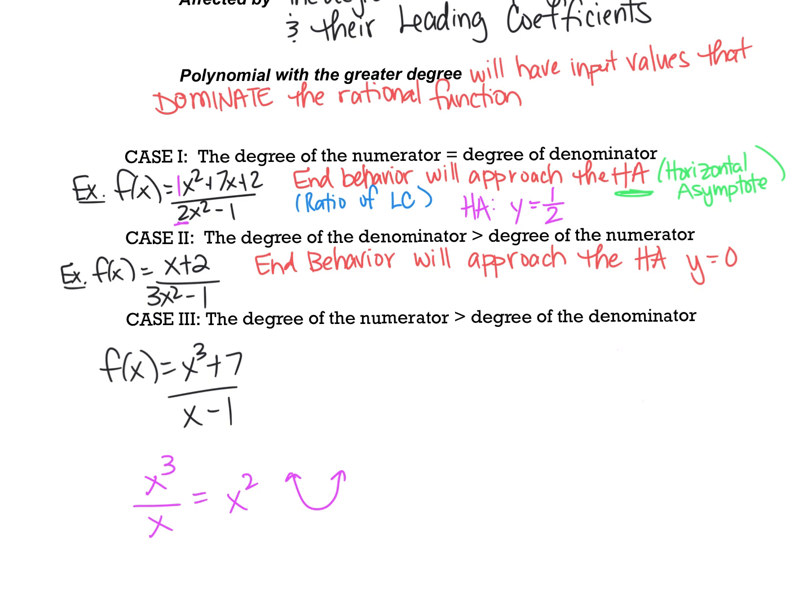Here's the great thing. If the numerator is larger than the denominator, then the end behavior will mirror the polynomial of the resulting quotient.